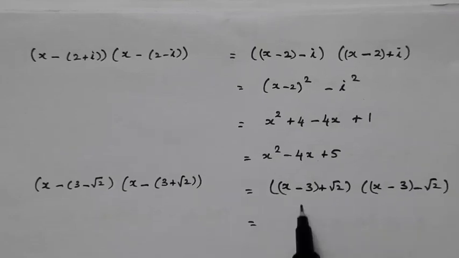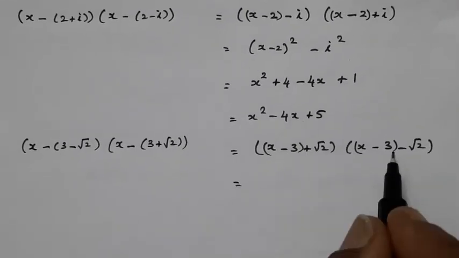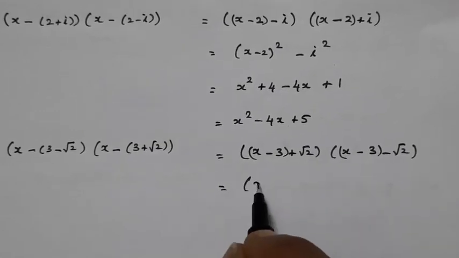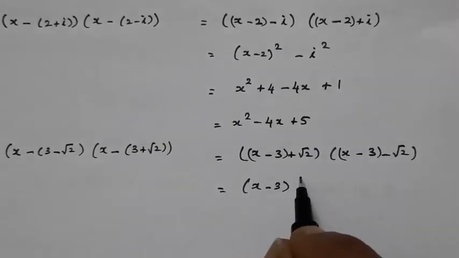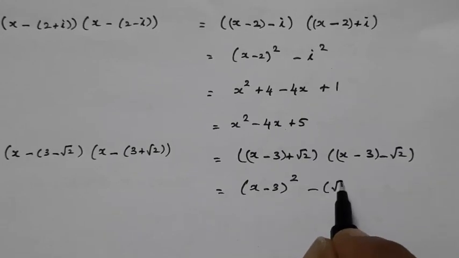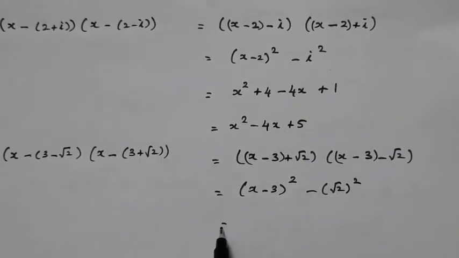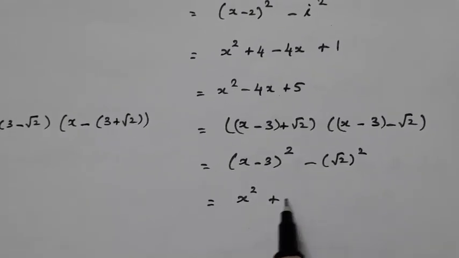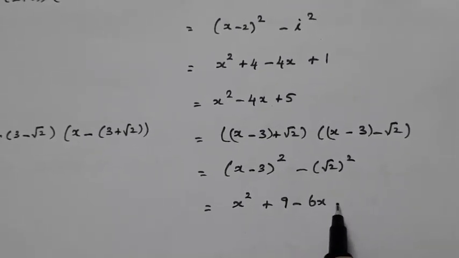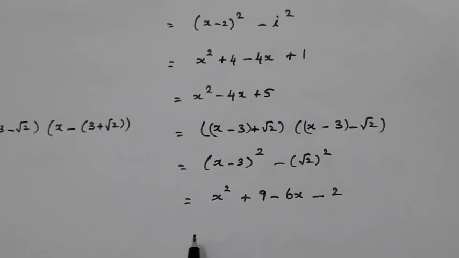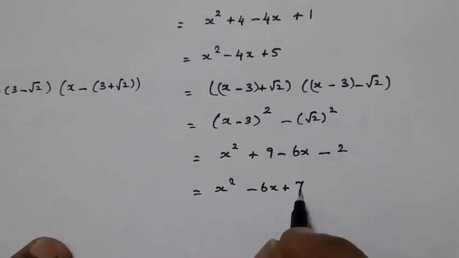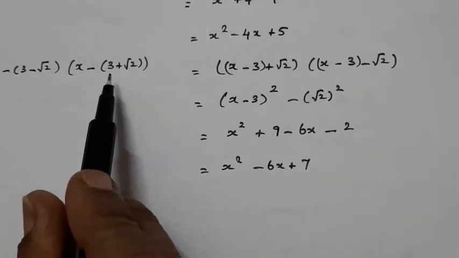It is again of the form a plus b into a minus b, where a is x minus 3 and b is root 2. So the product is (x minus 3) the whole squared minus (root 2) the whole squared. Expanding (x minus 3) squared, it becomes x squared plus 9 minus 6x, and root 2 squared is 2. So x squared minus 6x plus 7. So this is the product of these two factors.